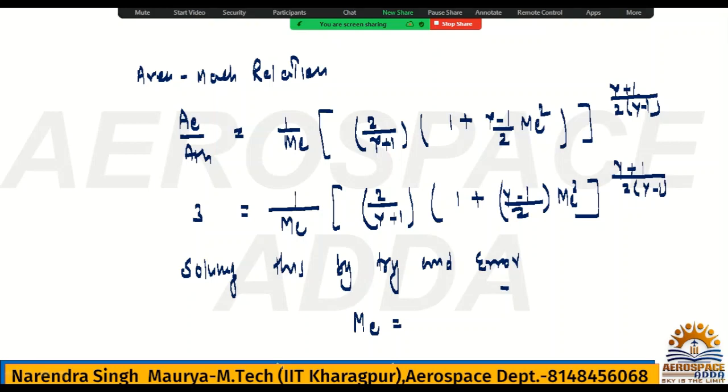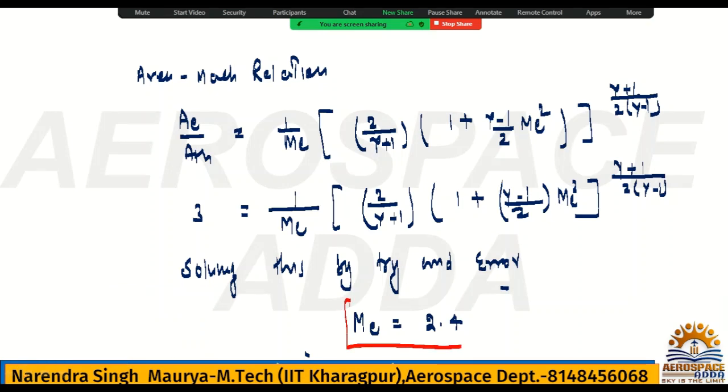Shift solve for ME. I am giving an expected value greater than 1, so I am giving 2 here. Equate this. Then I am getting ME, which is approximately 2.4. So this is the value of ME. You can solve it in your calculator also with the shift solve method.